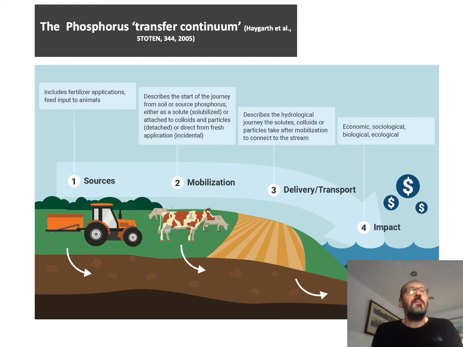And the third type is what we call incidental losses, and that's where basically a farmer or a land manager would put phosphorus onto the land in fertilizer or manure, say, and that phosphorus doesn't even get a chance to become incorporated into the soil, it just gets washed off, and that's called an incidental mobilisation. So three types of mobilisation: solubilisation, physical detachment and incidental losses, and they're all really different.